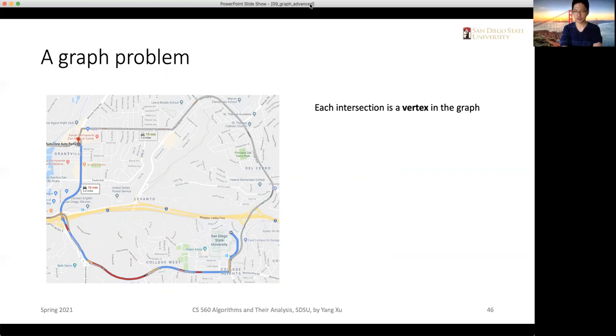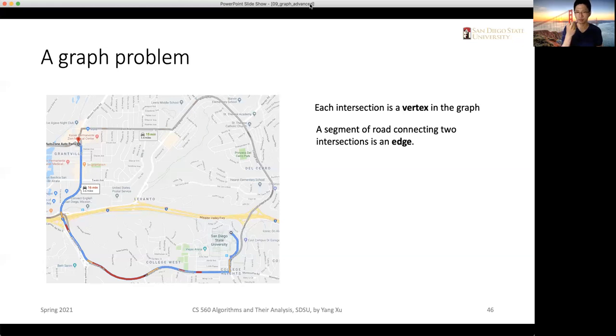Each intersection on the map can be represented by a vertex in a graph, right? And a segment of road connecting the two intersections is an edge, right? That is a very reasonable assumption.